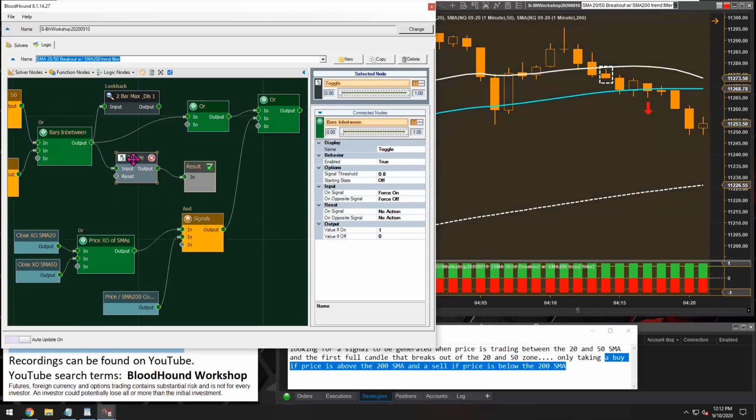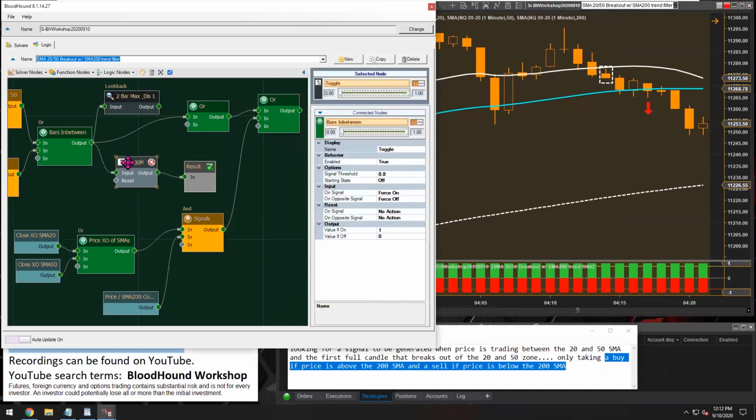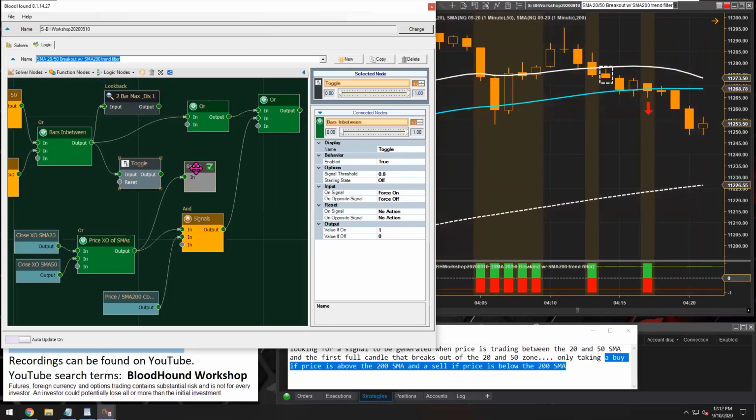When this toggle node receives a signal that there's a bar in the middle, as you can see, the toggle node turns on and it's going to stay on. We need some way to turn that toggle node off, and we can basically use the crossover condition.